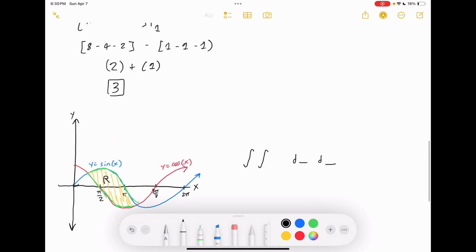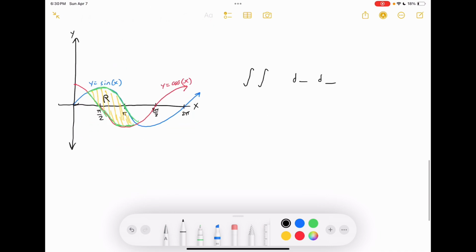Okay. So now, the way we decide which variable goes first, like this could be y or x, it could be either one, is by looking at this: we want to pick an order where the functional bounds are nice to solve, right?